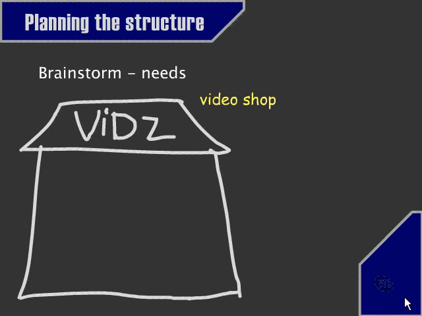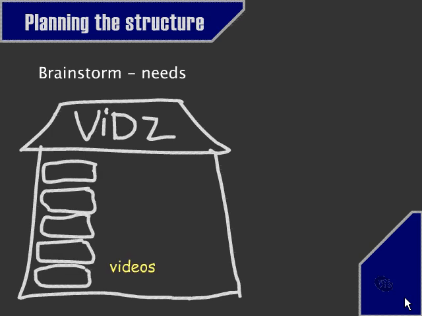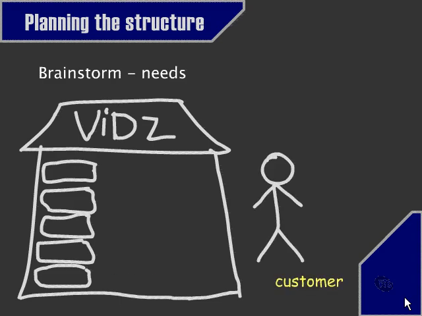So here I've drawn a rough sketch of a video shop, and I'm going to start putting in what I think are important elements of the way the video shop works. There's a stock of videos within the video shop, and a customer, very important to the video shop as well.